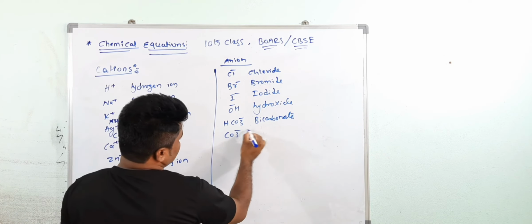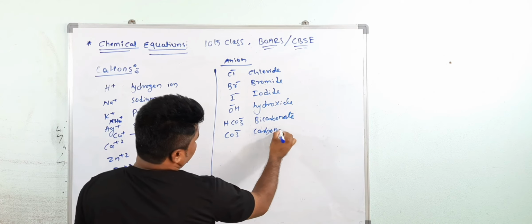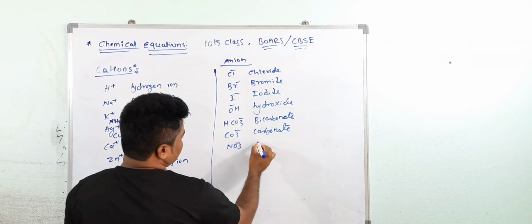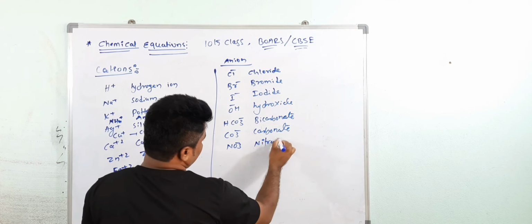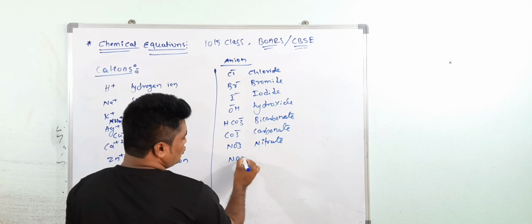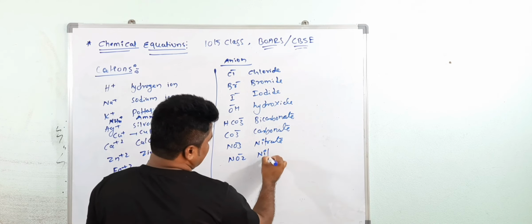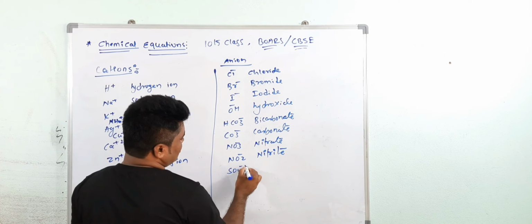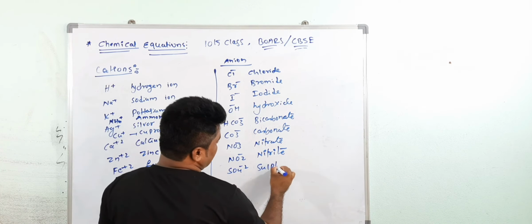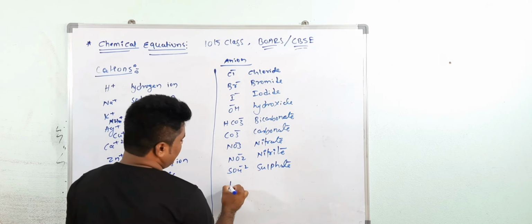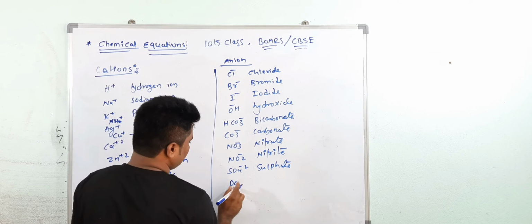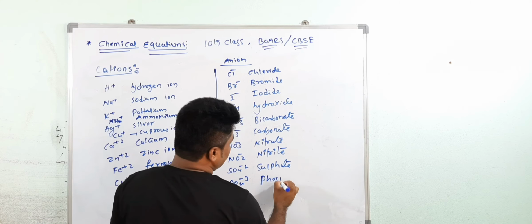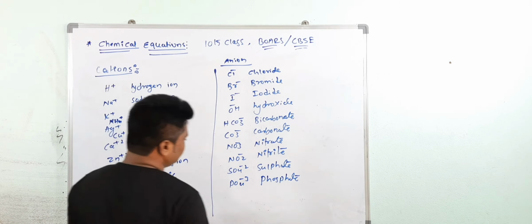Then CO3 2-, carbonate, NO3-, nitrate, and NO2-, nitrite. SO4 2-, sulfate ion, and PO4 3-, phosphate ion.